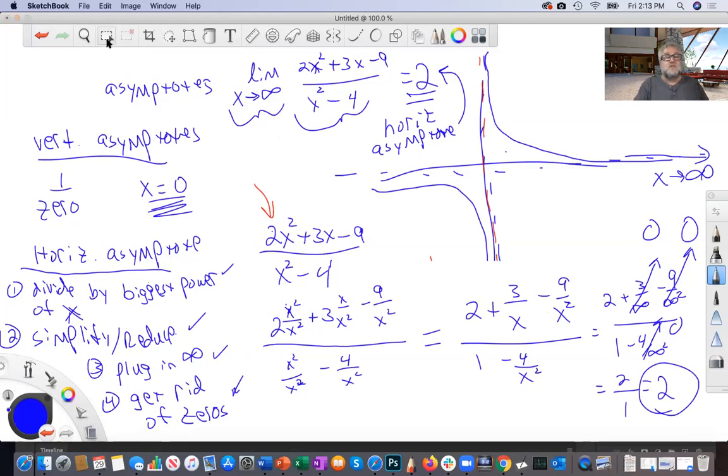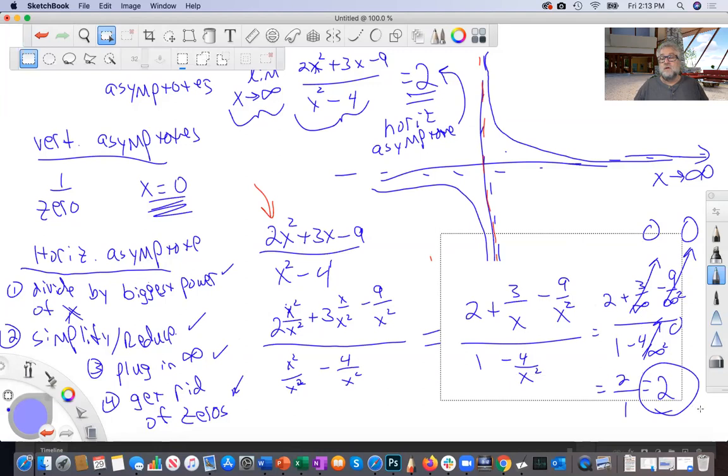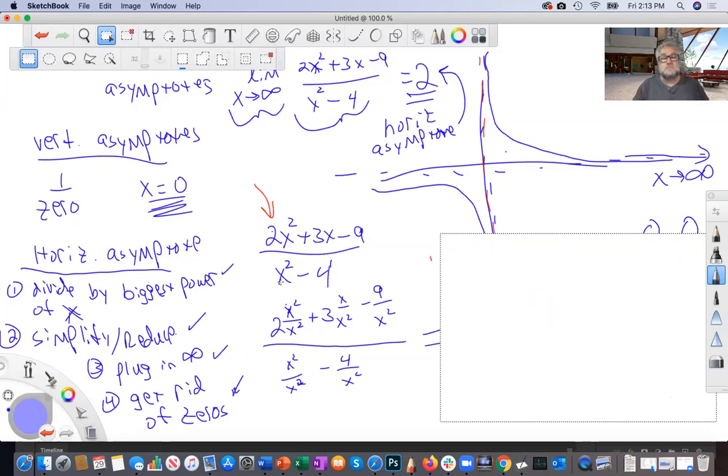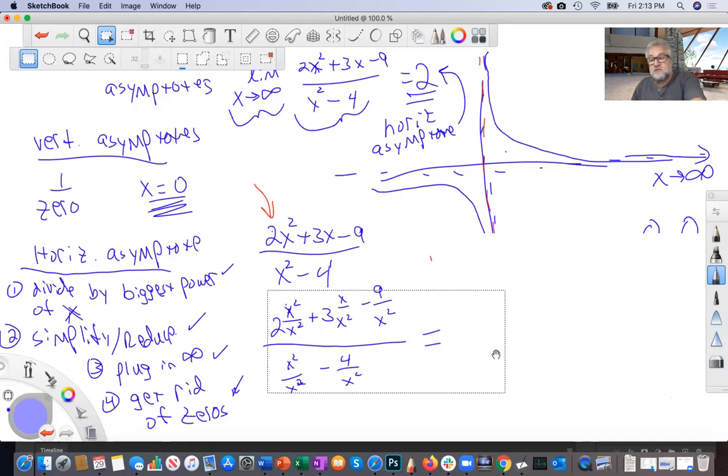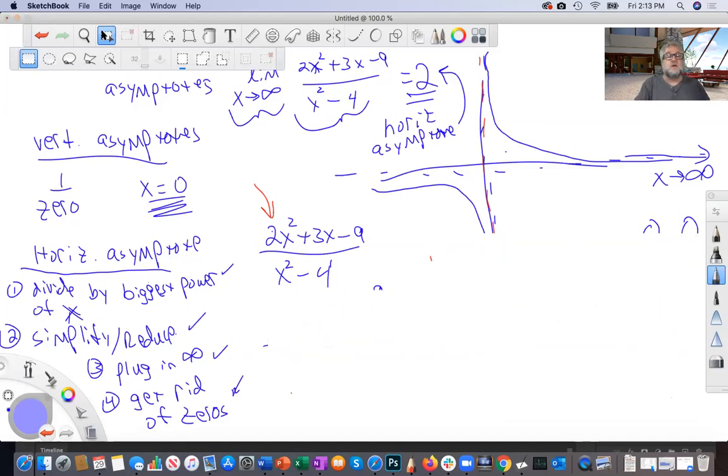Now, let's say our function was really not squared but cubed. Then let's divide by the biggest power of x, which is x cubed.